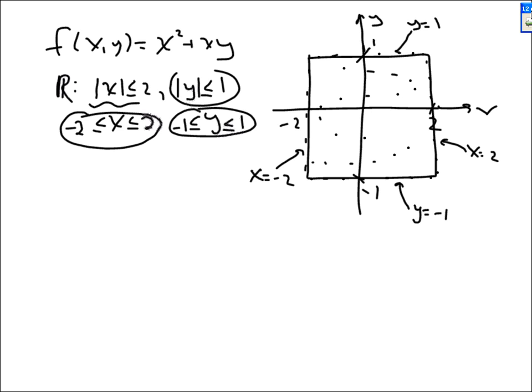Up here, positive 1. So, along y equals 1, we know that f(x, 1) is x squared plus x, and we also know that x fluctuates between negative 1 and 1.